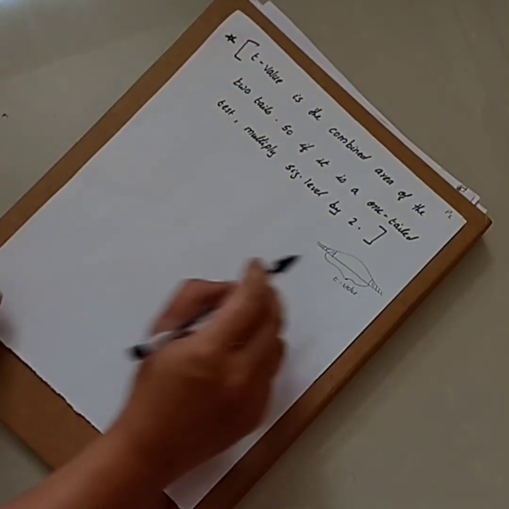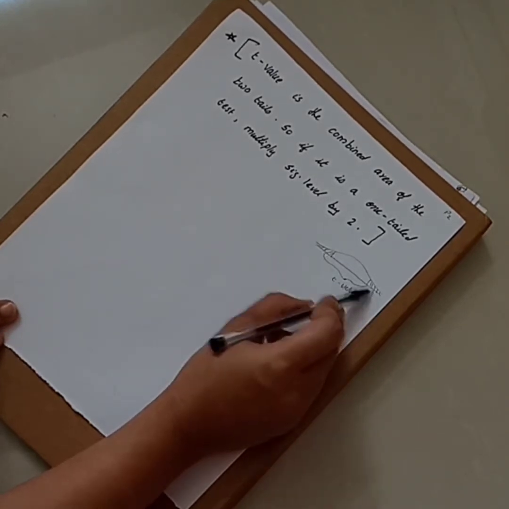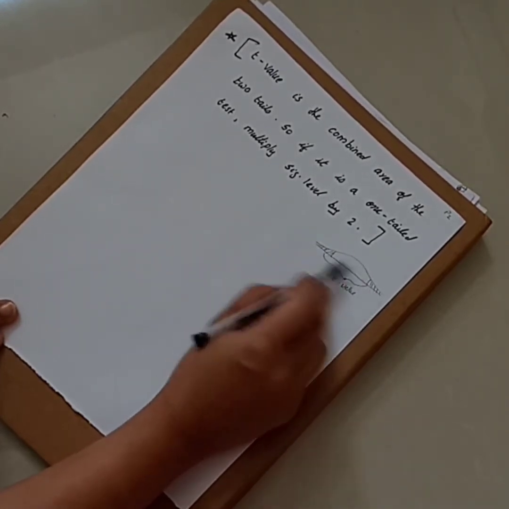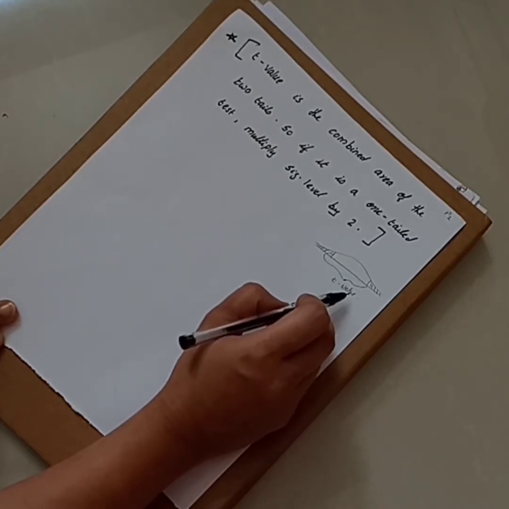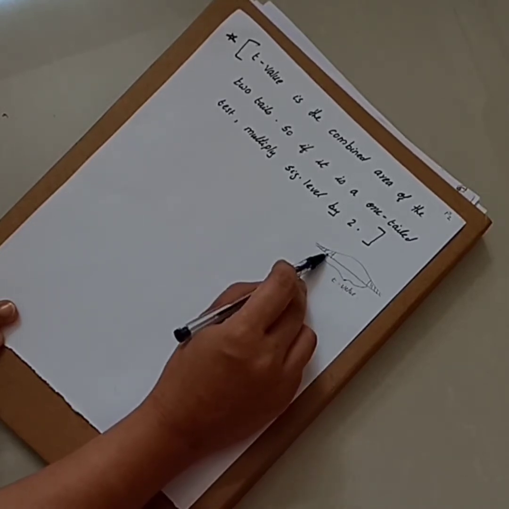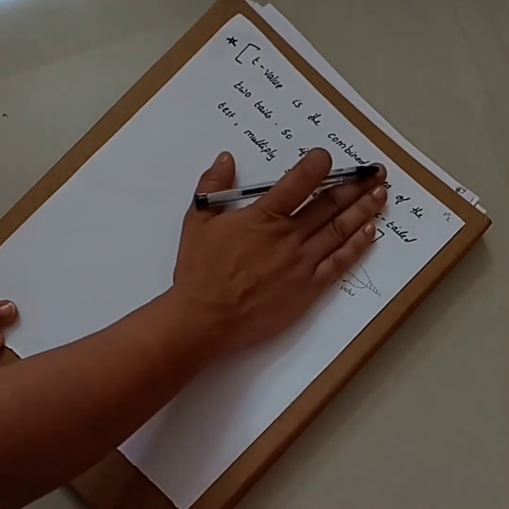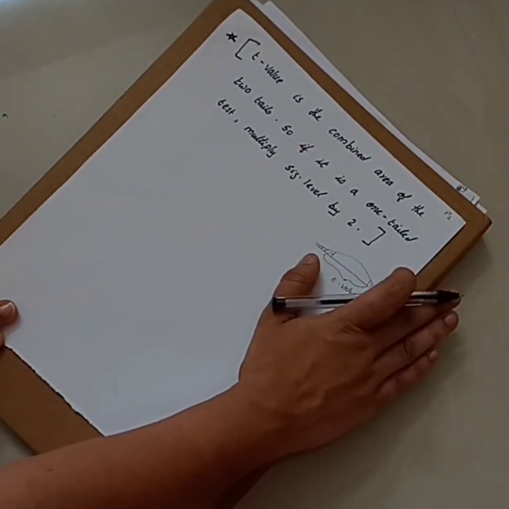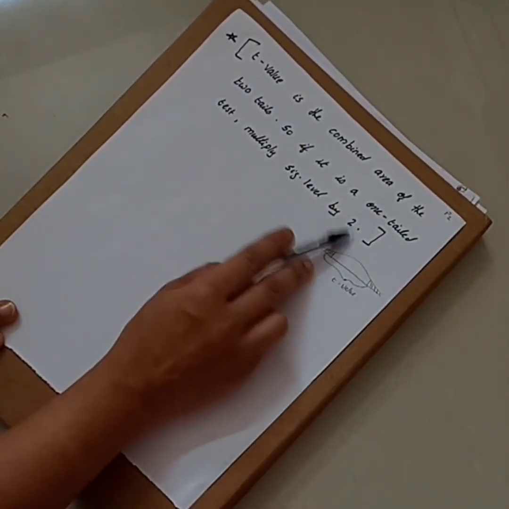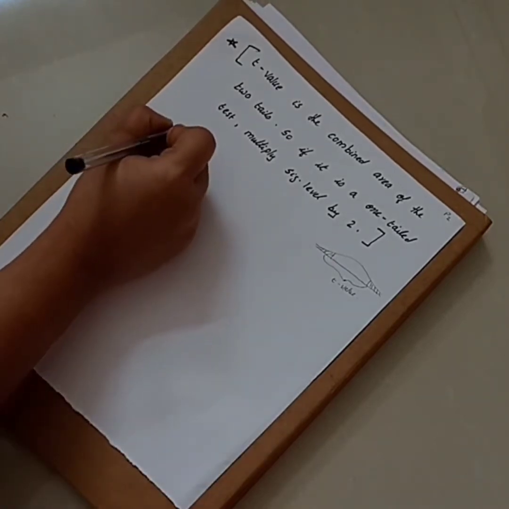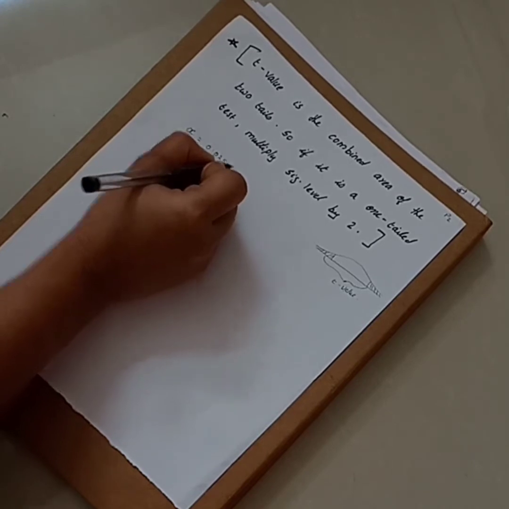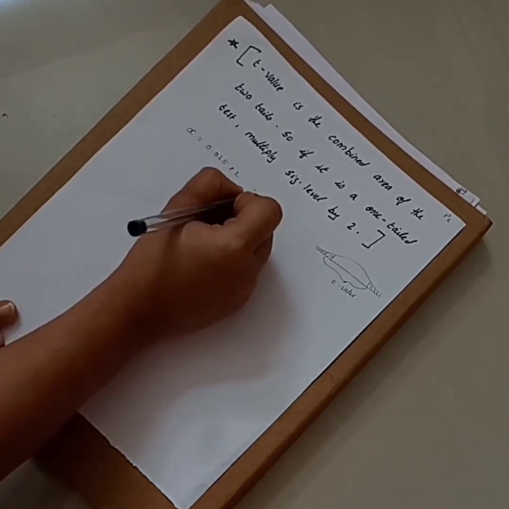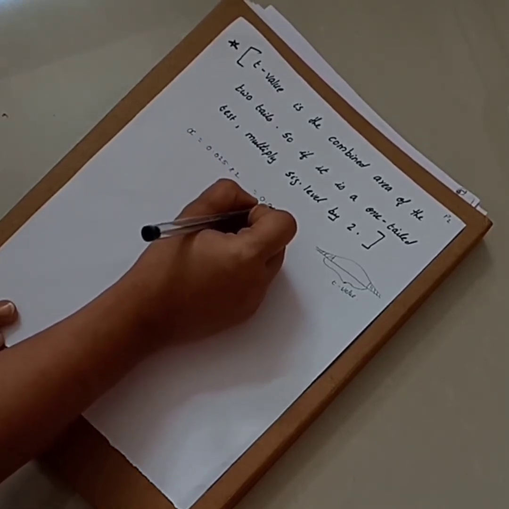When I say it is 0.025, that means these two areas together give 0.025. Whenever I am going for a one-tailed test, I am considering only one part, so I will have to multiply the significance level by 2. My new alpha value will be 0.025 into 2, which gives me 0.05.